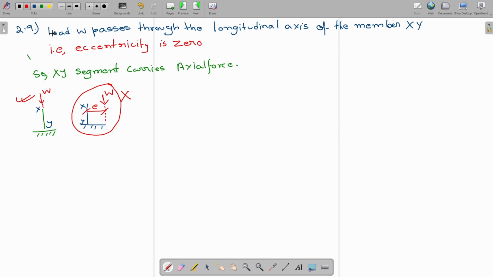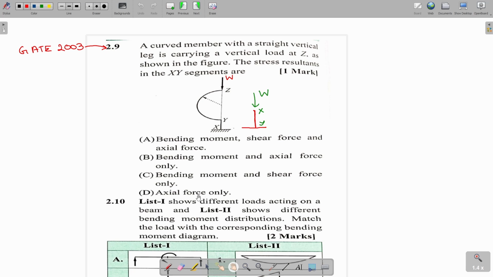Here we can write like this: the load W line of action is passing through the longitudinal axis of the member XY. Question number 9, our option is option number D.